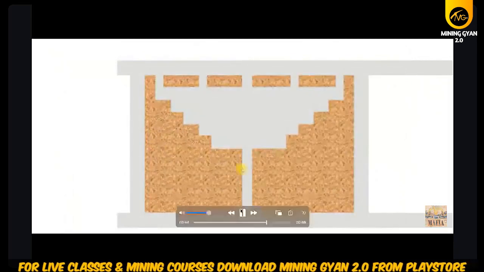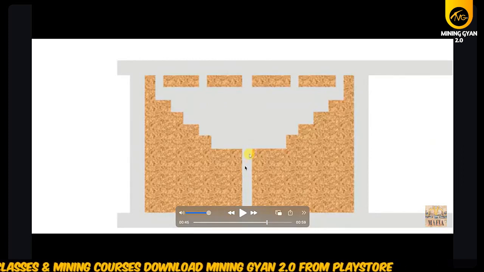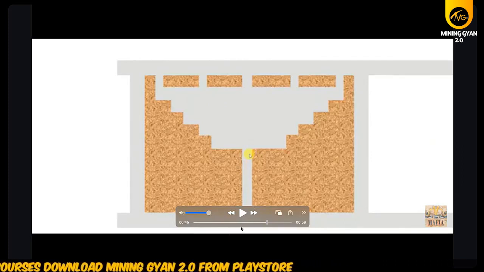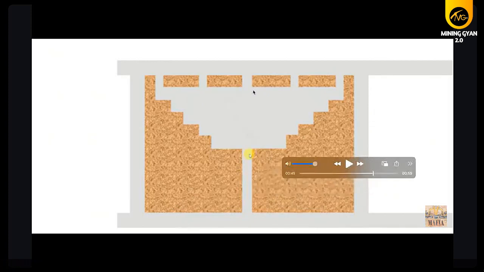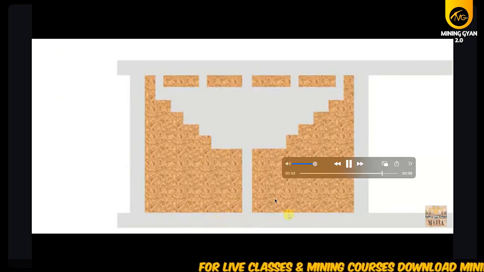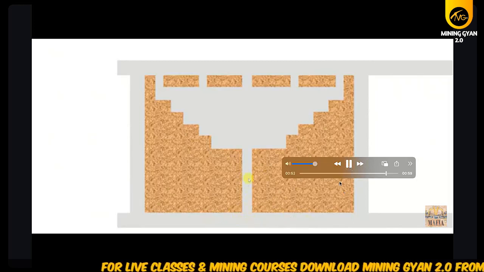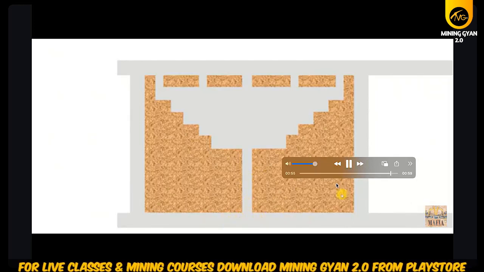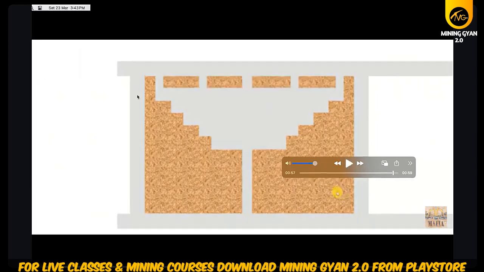So in this method the blasted material from these benches will fall down with the help of this raise or winch, whatever they have named it, and collect on the lower level with the help of different types of machines. Mine tub or mine car can help. Okay, this is your underhand stoping method.